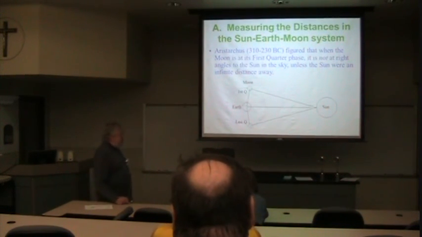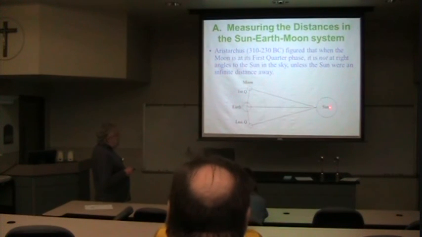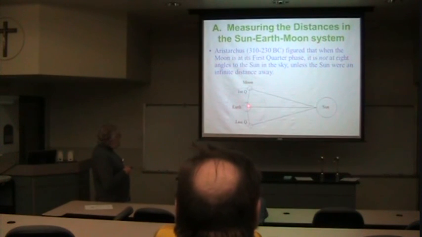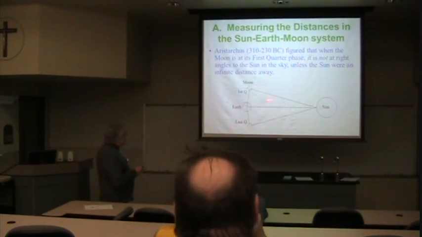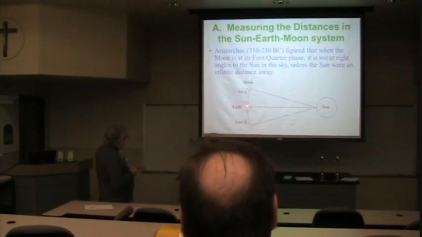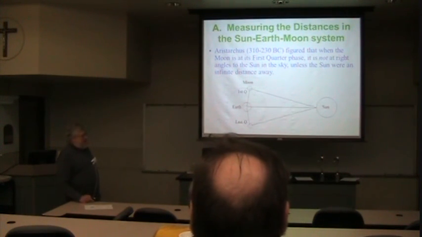People had wondered about that a while, and he decided that as long as the sun wasn't an infinite distance away, when the moon was at the first quarter phase and at the last quarter phase, this angle here would not be 90 degrees, because if the sun were anything closer than an infinite distance, this would be a right angle here and here, but not there and there. So that was his line of reasoning.